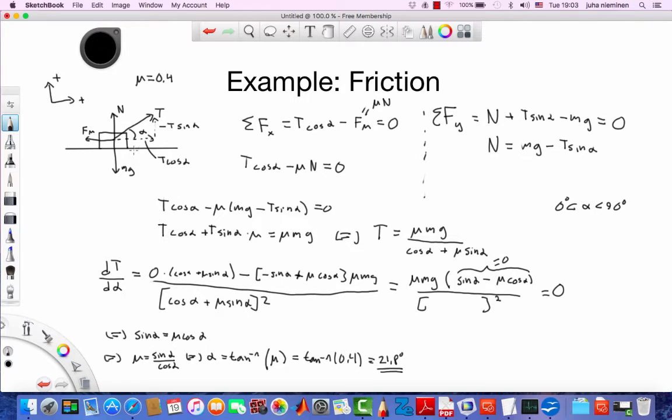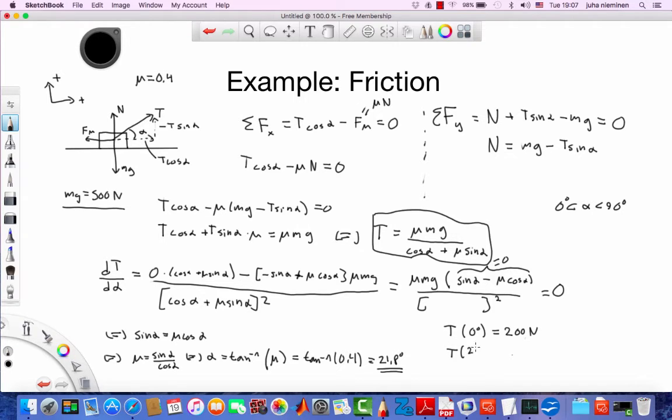And to compare some numbers, let's give it a weight. If this is about a 50 kg box, so mg is about 500 newtons, we can use this expression to evaluate the numerical value. If we plug in the numbers, T at 0 degrees, when it's horizontal, is going to be 200 newtons.